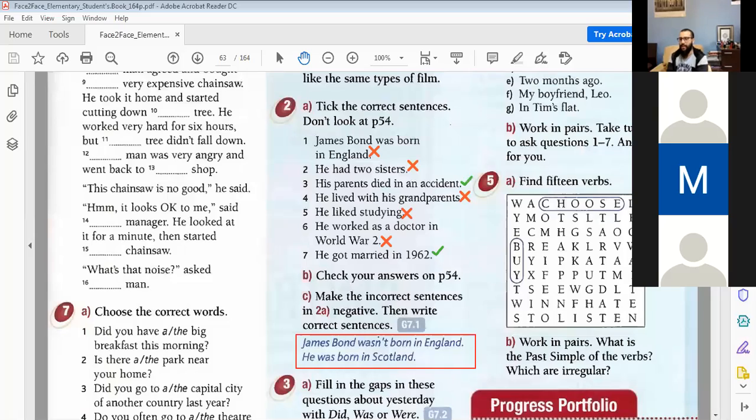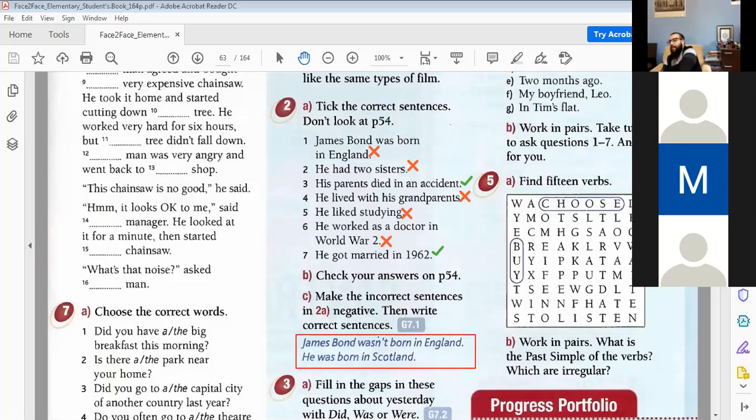I went to school. I don't went to school. Almost: I didn't. Right, didn't, then after it, I didn't go. Yes, correct. I didn't go to school.